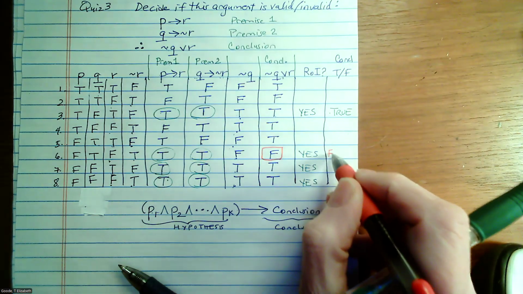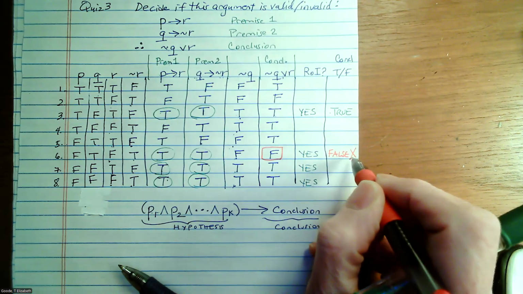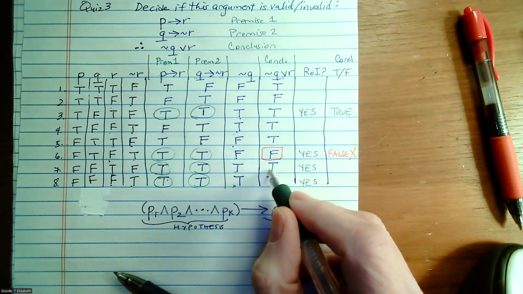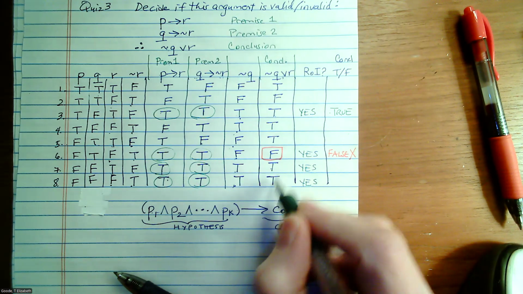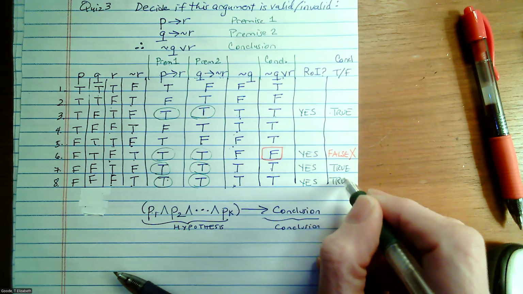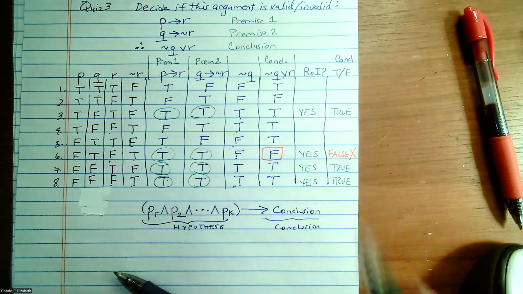So the conclusion is false. That's going to make the argument invalid already, right? Even though the conclusion is true in all the other rows of interest. We have one row of interest with a false conclusion.